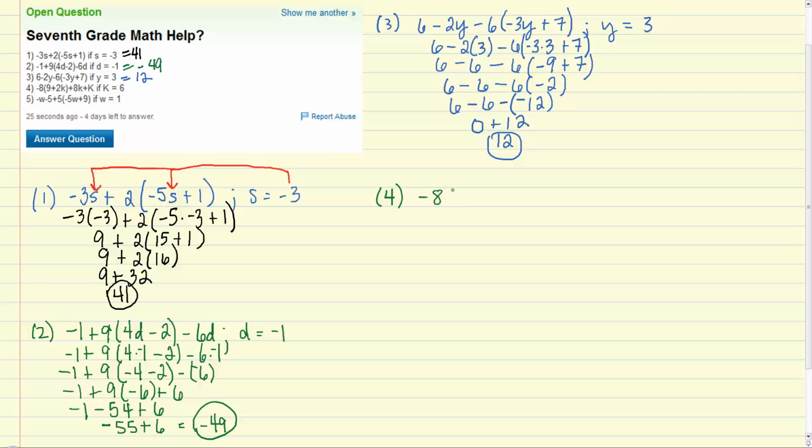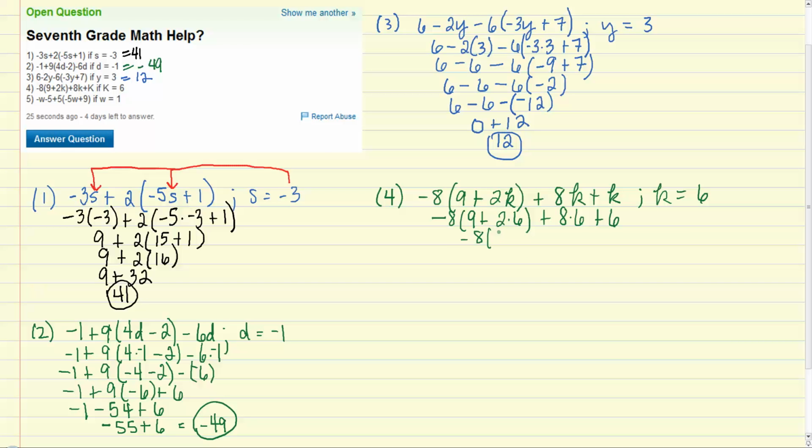Negative 8 times the quantity 9 plus 2k plus 8k plus k, where k is equal to 6. Now let's substitute: negative 8 times the quantity 9 plus 2 times 6 plus 8 times 6 plus 6.